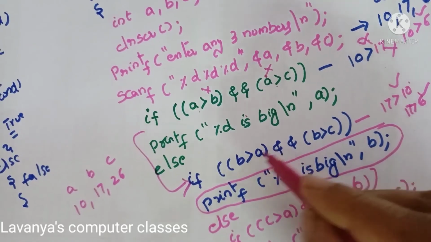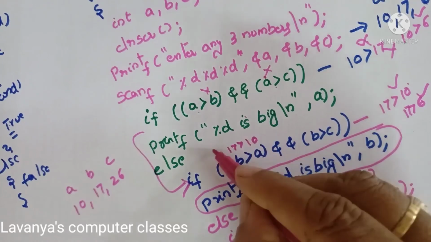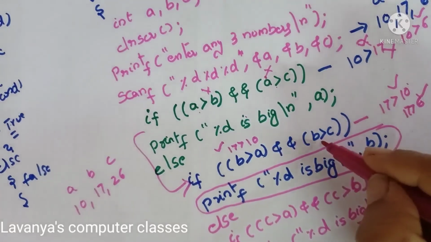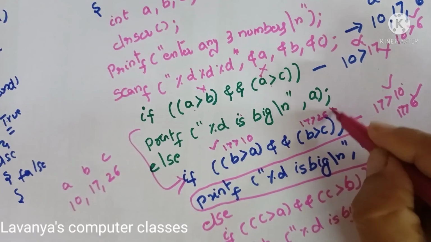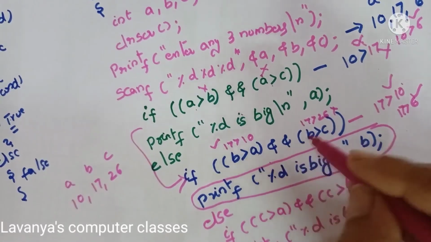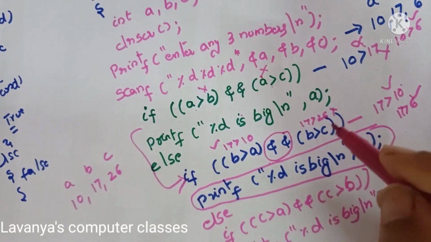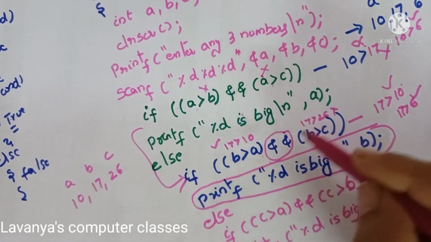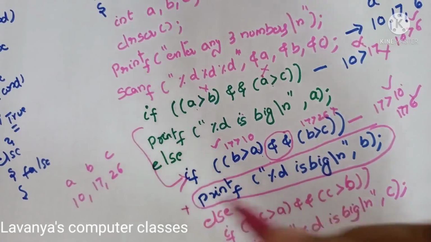B greater than A: 17 greater than 10, the first condition is true. 17 greater than C value 26, the second condition is false. These two conditions are combined with the AND operator, and whenever conditions are combined with AND, all conditions must be true. Here one is true, one is false, so it is also not working.